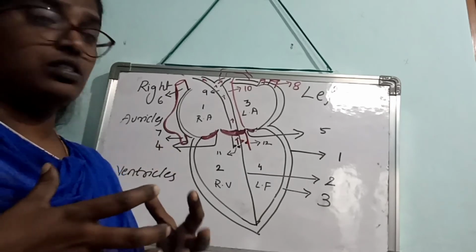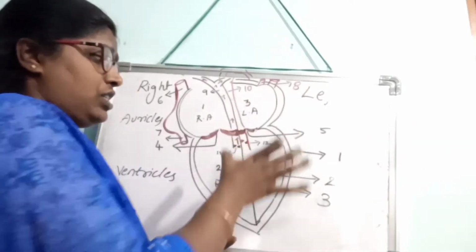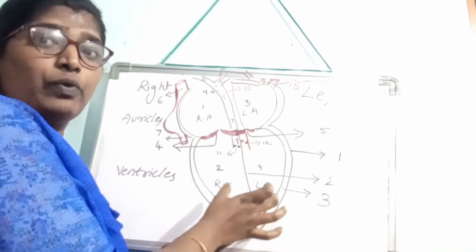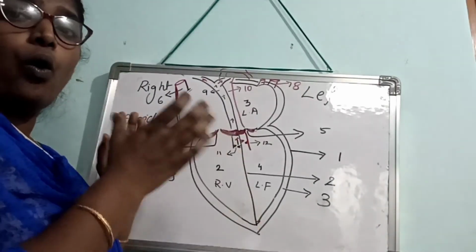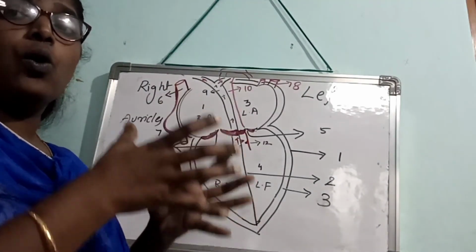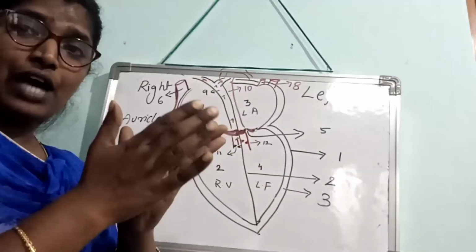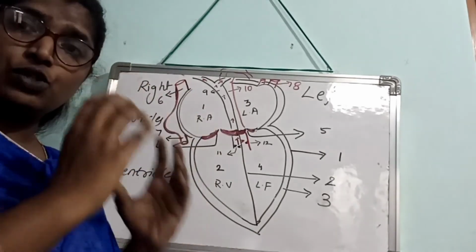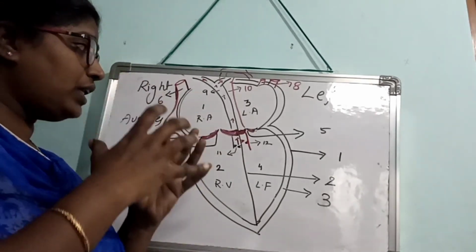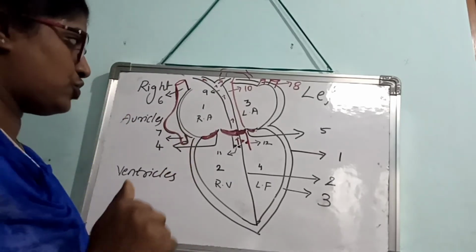Now when we compare auricles to ventricles, auricles are broader in structure and ventricles are narrower. Auricles are bigger, ventricles are smaller in nature.